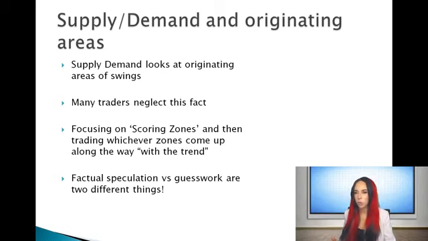Not every strong zone is valid for trading. And by including Q points in your supply and demand analysis, you will automatically exclude those zones that are not at the very least overlapping a Q point, and that will keep you out of trading the middles of swings.